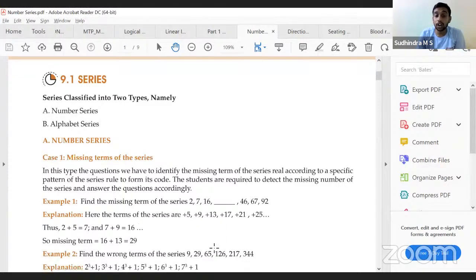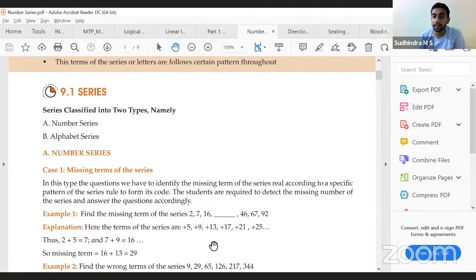Next one. Find out the wrong term of the series. This is simple, not so complicated. Which is the wrong one? 29. Why?